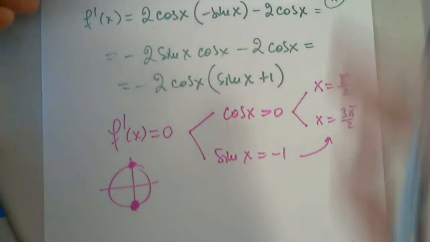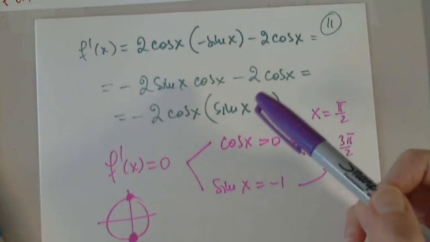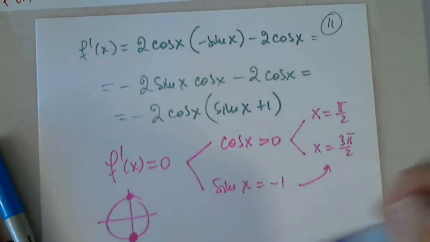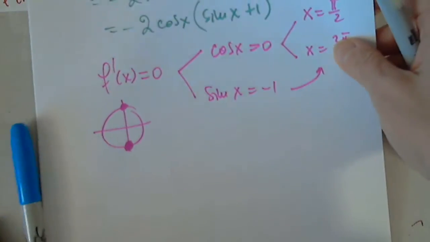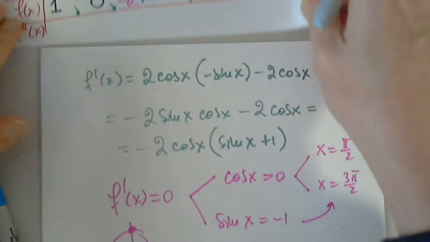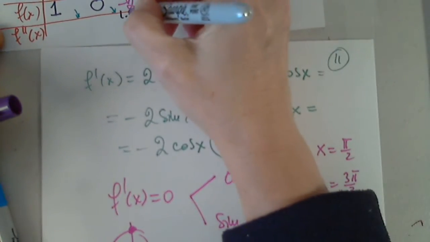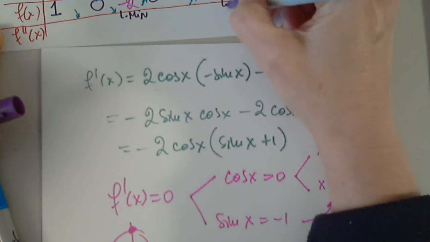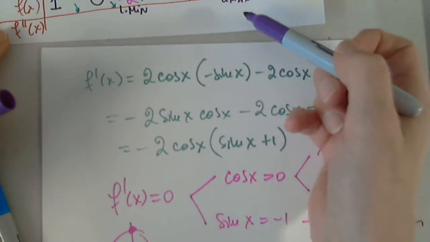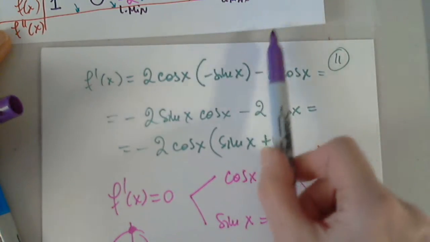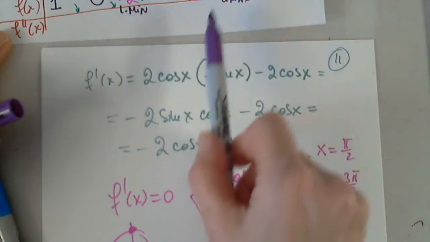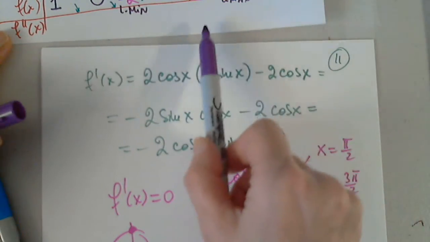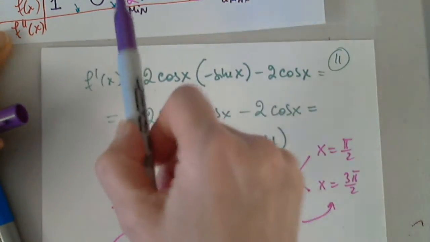Let's see what that brings. Messy. Quite messy because I have a product. Okay, so let's see. Can we figure out what happens here? Yes, because this is a local min and this is a local max. So if it's a local max, we know that the second derivative has to be positive, but I don't know where the inflection point is.